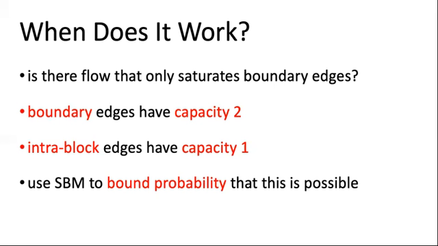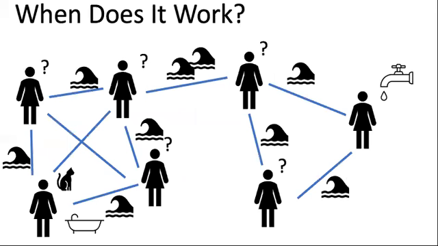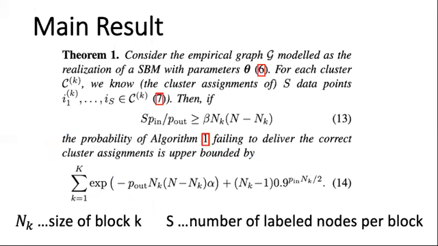And we use the basic properties of stochastic block models to bound the probability that this is possible. The derivation uses standard tools from large deviation analysis, concentration bounds and spectral graph theory. I will not go into details, but rather show here our final main result, which is a sufficient condition on the SBM parameters, P in, P out, and the number of labeled nodes that we have per block. So we assume that for each block, we know S individuals.